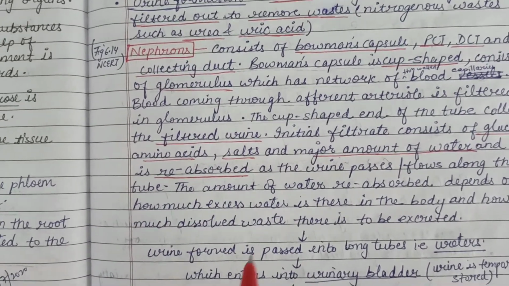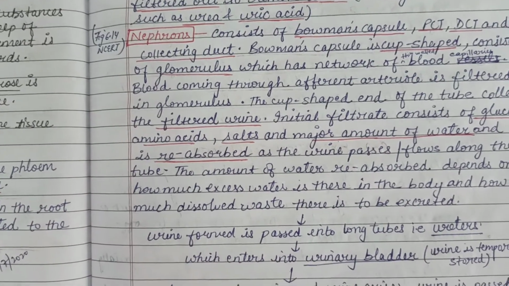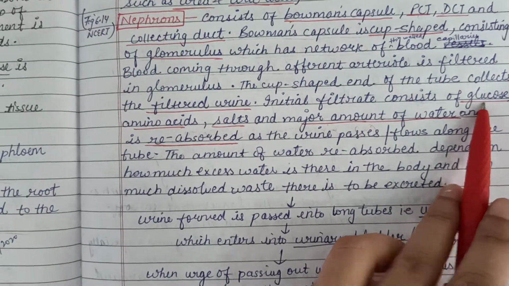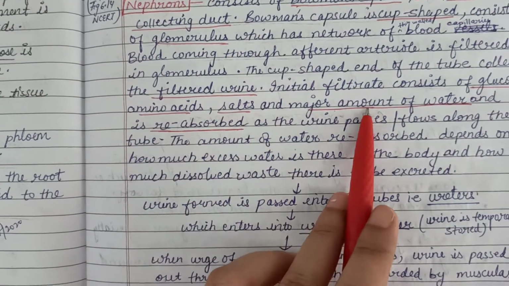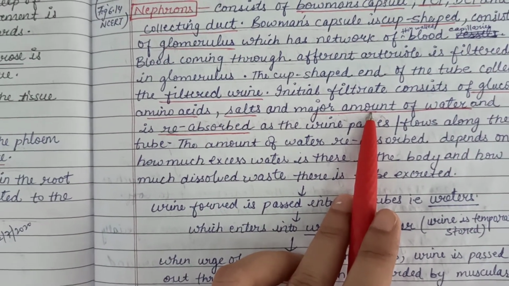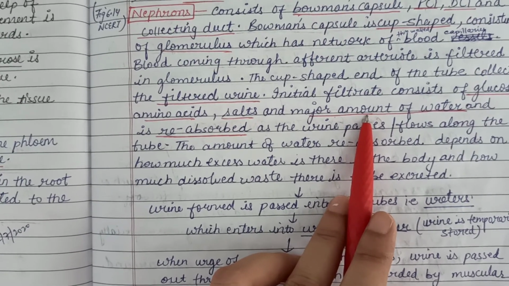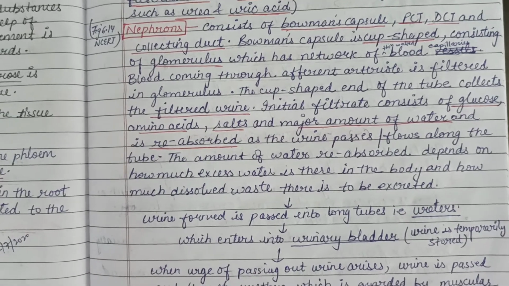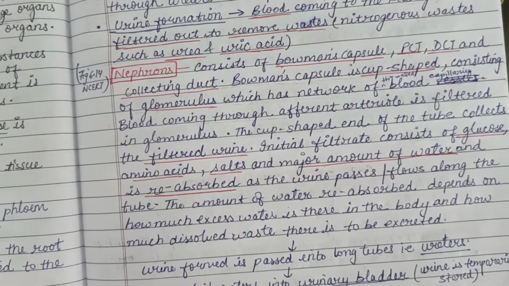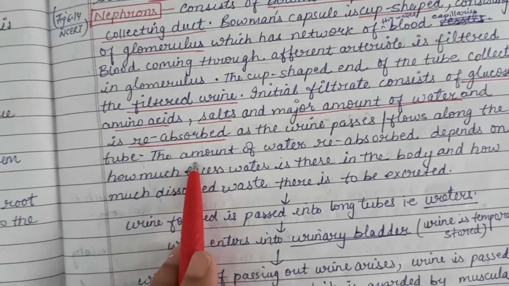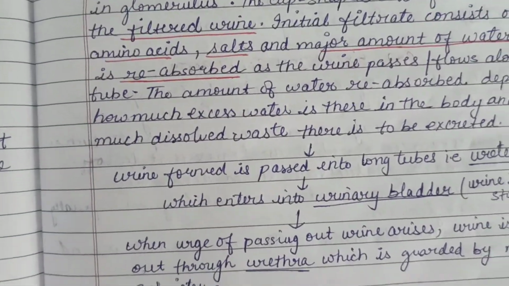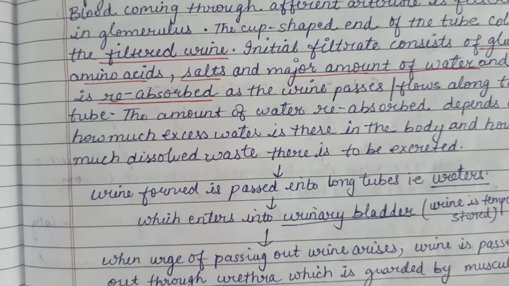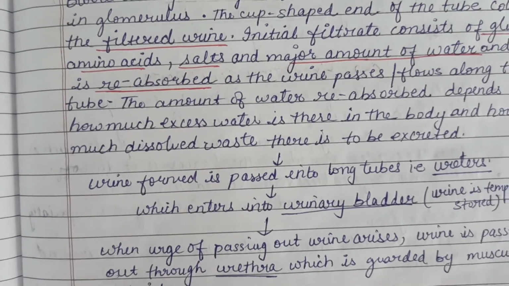The cup-shaped end of the tube collects the filtered urine. Initial filtrate consists of glucose, amino acids, salts and water. Major amount of water is reabsorbed as urine flows along the tube. The amount of water reabsorbed depends on how much excess water is there in the body and how much dissolved waste there is to be excreted.